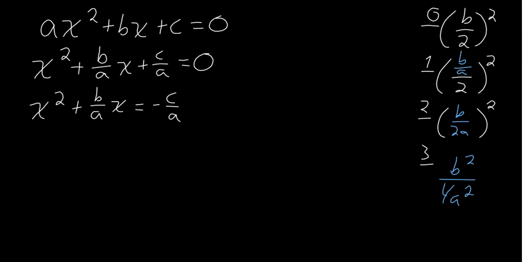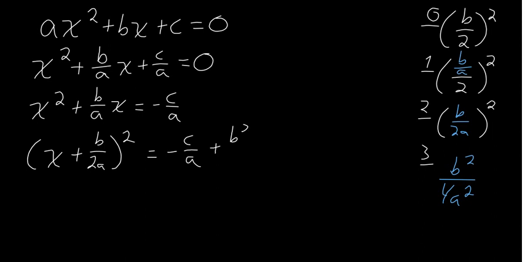So I'm going to skip the intermediary step. Instead of adding this to the left side, I'm just going to write it in factored form. So the left side is x plus b over 2a, quantity squared. That's going to be equal to negative c over a plus b squared over 4a squared.